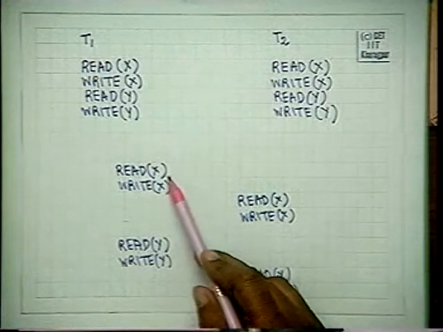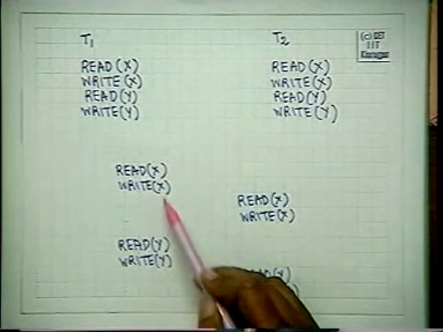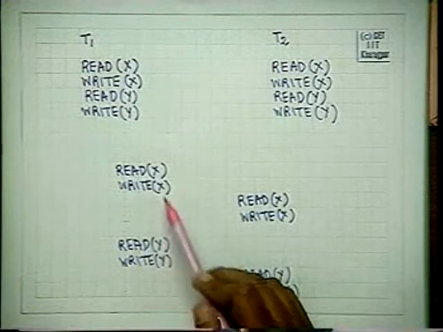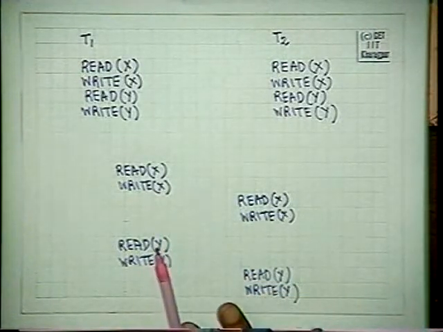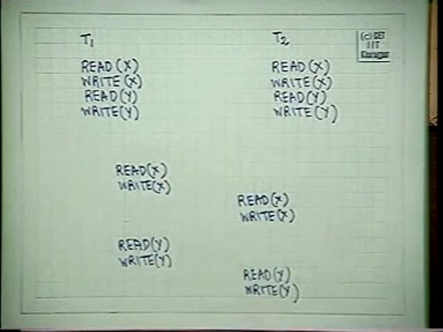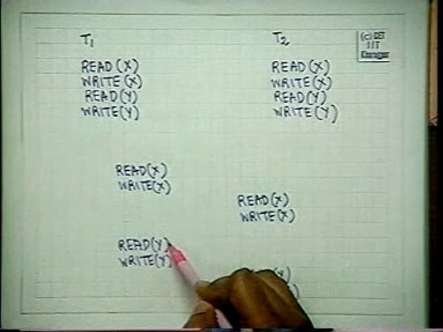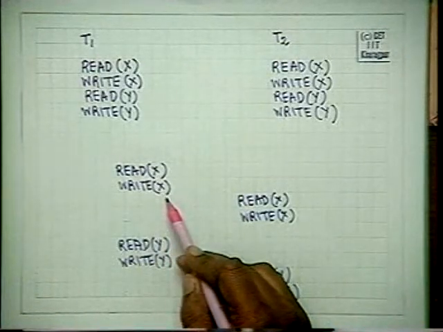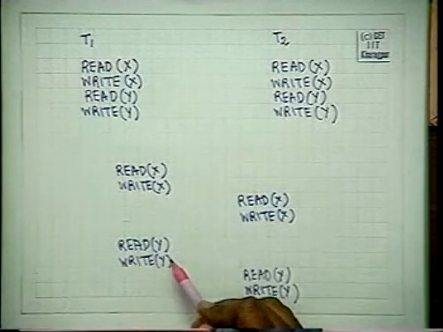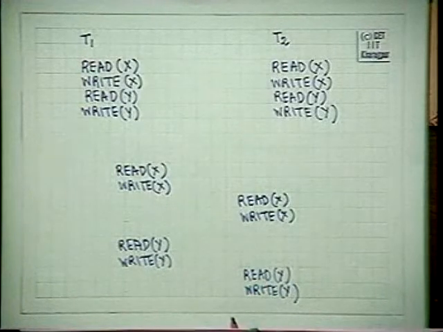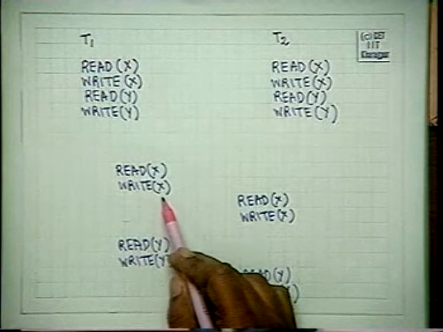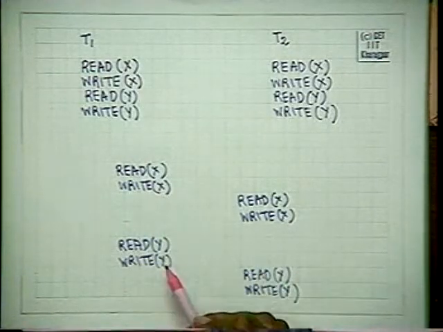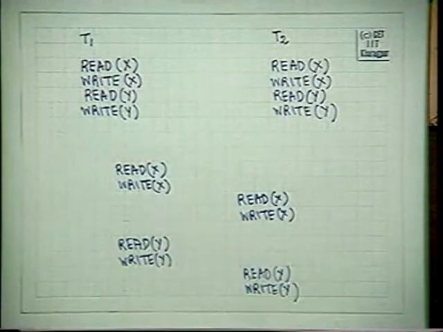Obviously, we should not move read Y before this, because this is a transaction. We cannot just reorder the operations in a transaction. That we are not allowed to do. In a particular transaction, we must maintain the order in which they are executed in that transaction. But we can move this right up here without changing the result.